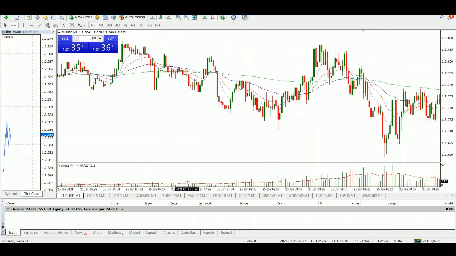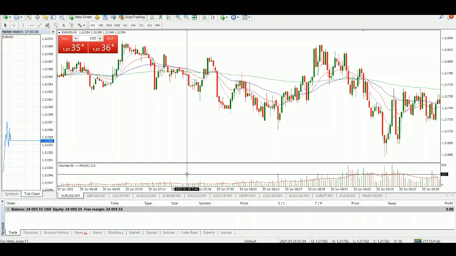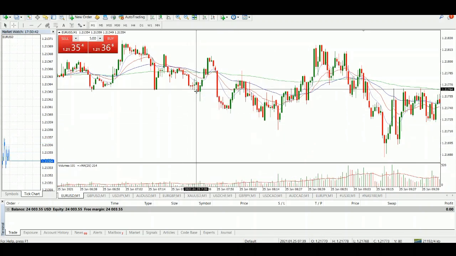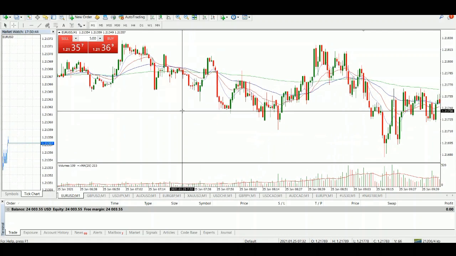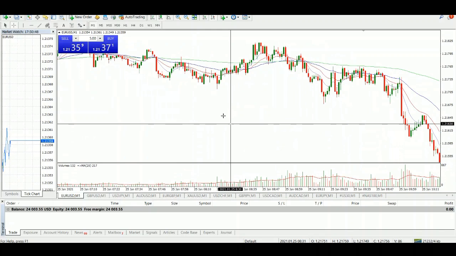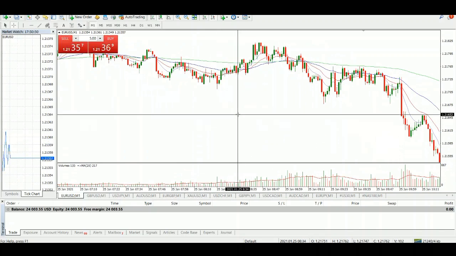If it's low, the chance of the price trending is lower, but the market can still trend even with a low volume. But with a high volume, it has a higher chance of trending.